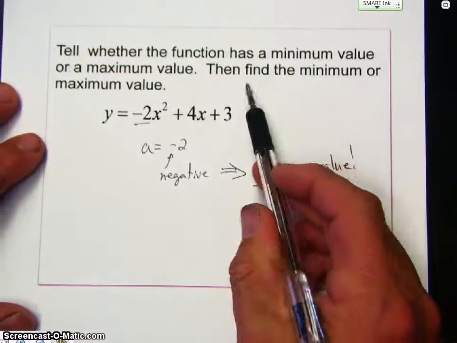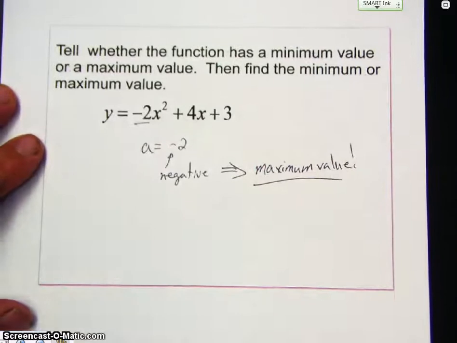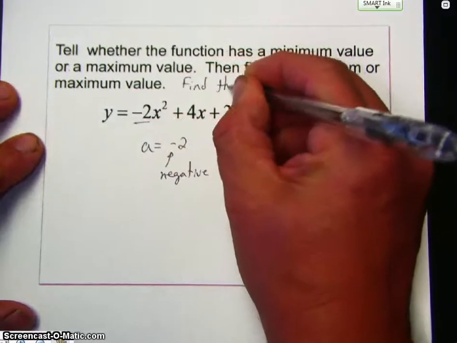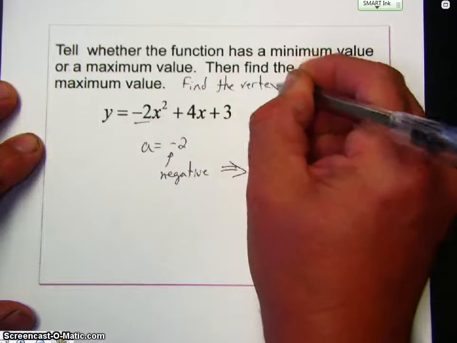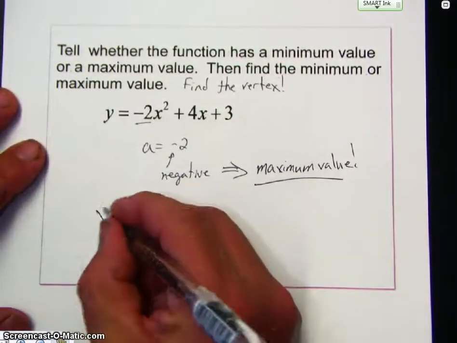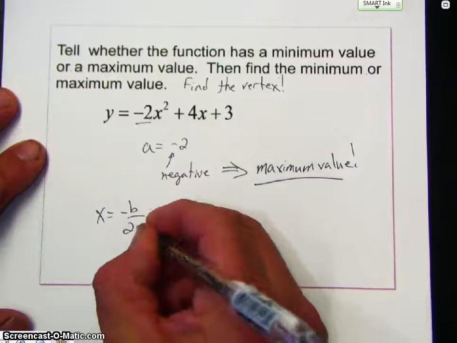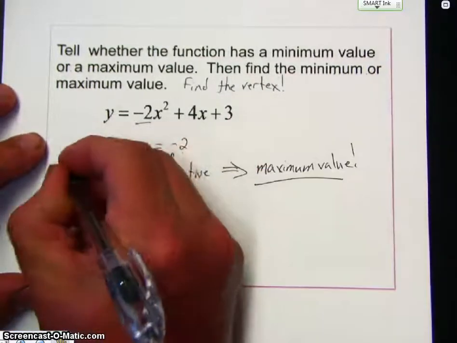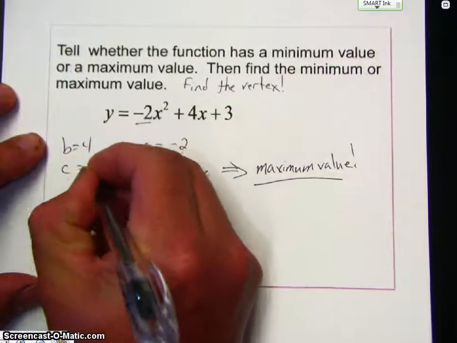The next part says, then find the minimum or maximum value. In other words, they're asking you to find the vertex. So that means I use x equals negative b over 2a. Remember, a is negative 2, b is 4, c is 3.